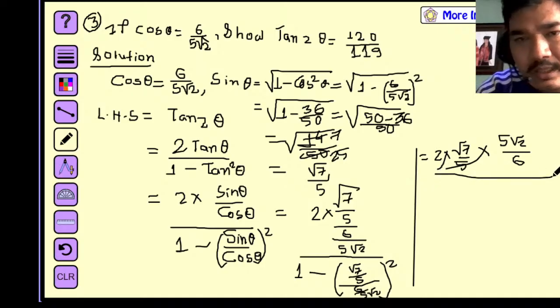And then write a long line here. And then what to do down here? This will be similar: 1 minus, if you do the square of all, it will come like this.